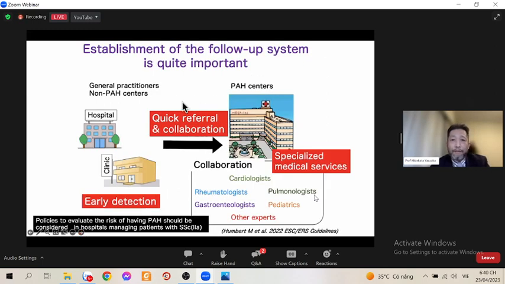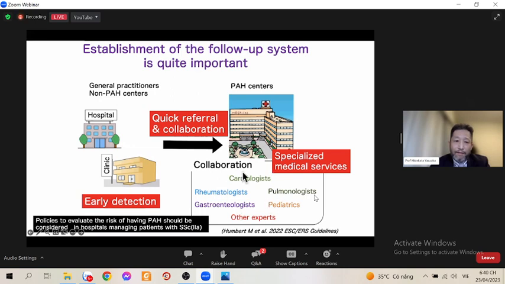Also, the establishment of a follow-up system is quite important. For early detection, general practitioners and non-PH centers can do that. But for the specialized medical service, a PH center must do it. And then quick referral and collaboration are very important for quick response and quick treatment for the patients.